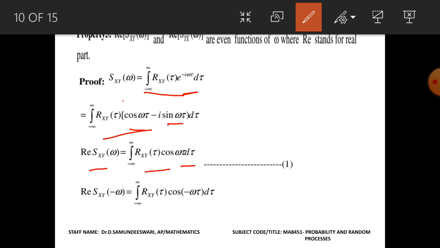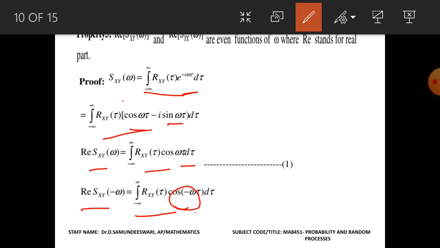I am going to prove this is an even function. So replace omega with minus omega. The real part of Sxy of minus omega equals integral minus infinity to plus infinity Rxy of tau cos of minus omega tau d tau. What is cos of minus theta? It is cos theta.